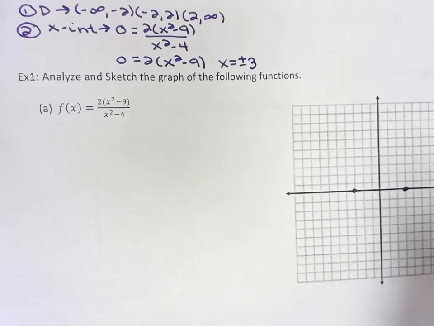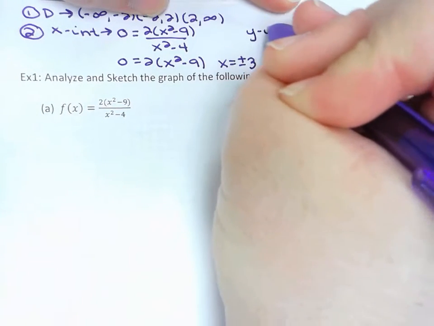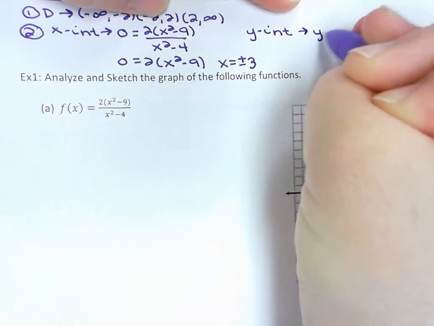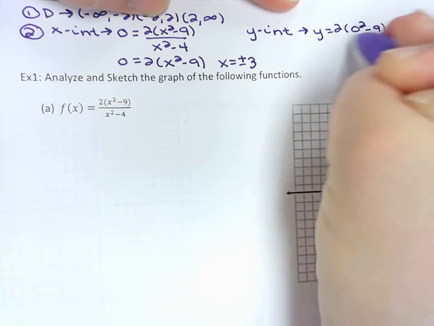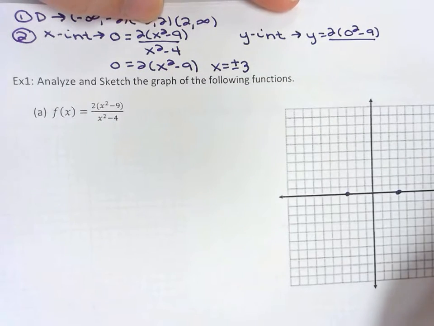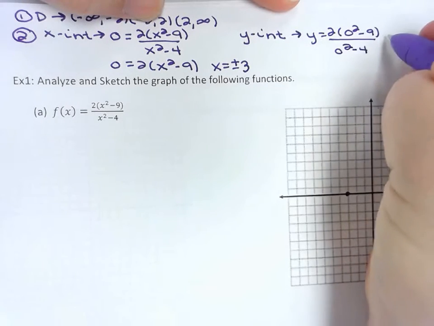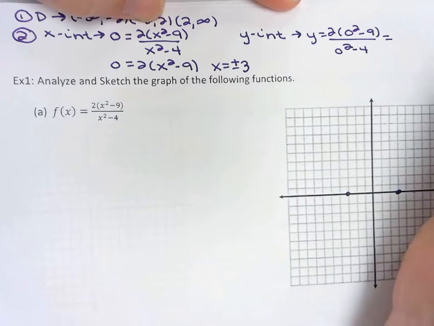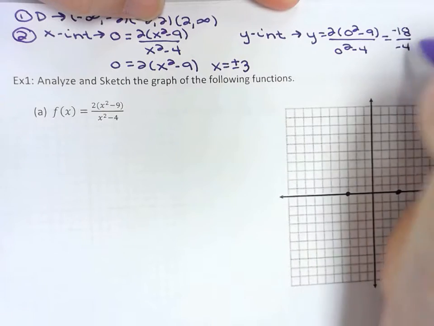And then my y-intercept, I plug 0 in where x is. So y equals 2 times 0 squared minus 9 over 0 squared minus 4. You don't necessarily have to show this work. I'm just doing it so you can go back and look at it. So that will give me 2 times -9, -18 over -4.